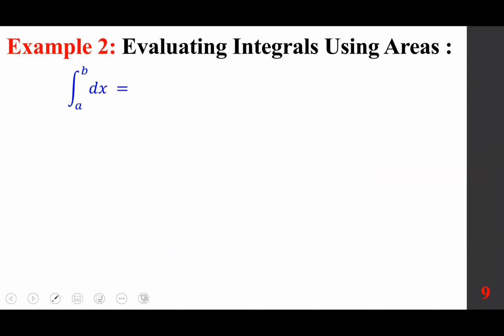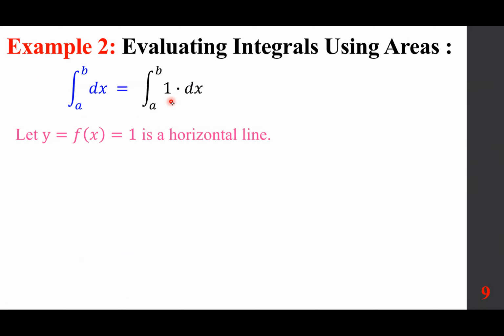And if I want to integrate this using areas, first and foremost, I need to know what function I'm dealing with. So let me rewrite that as 1 times dx. You don't have to. If you see that your function y or f of x is 1, which is a horizontal line, and therefore, if you were to draw this horizontal line, we are going to go from a to b.